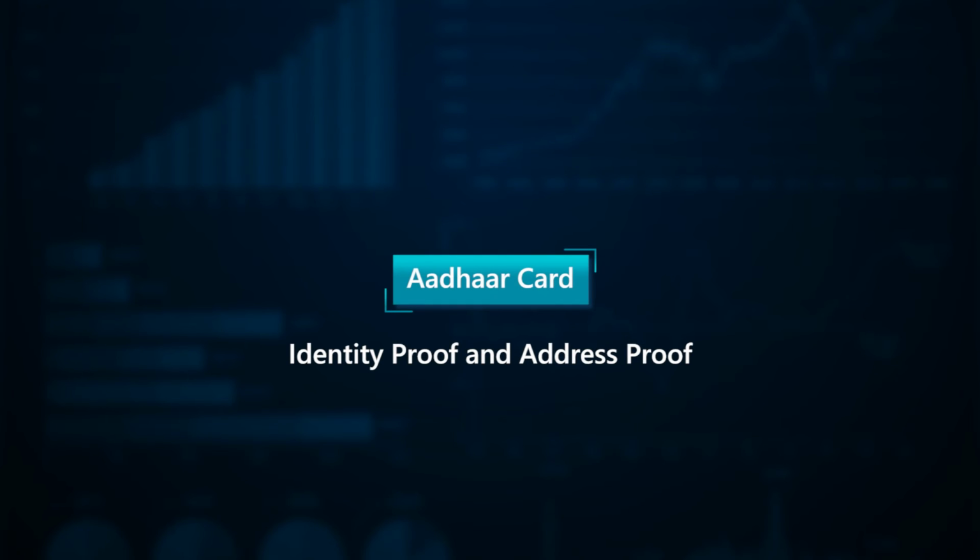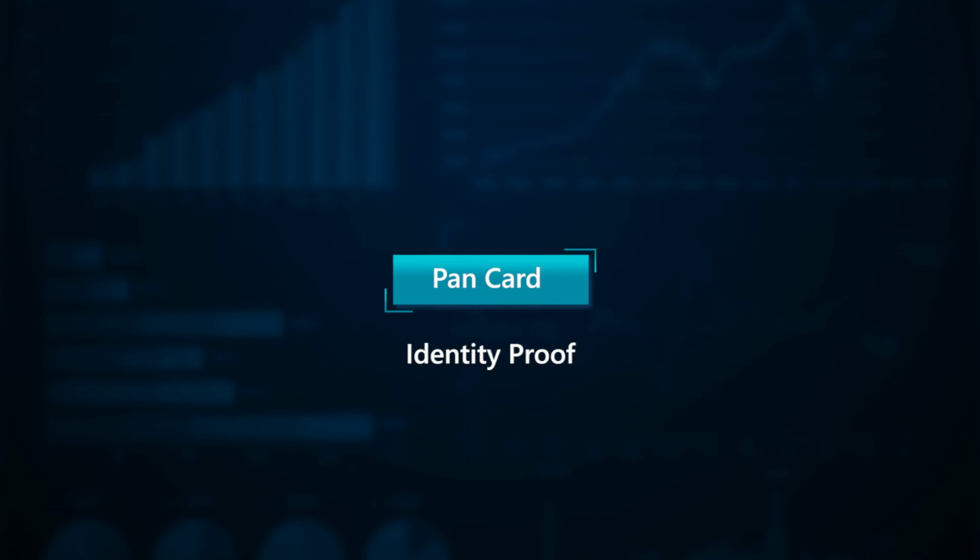In short, your Aadhaar card, your driving license, your voter identity card, and your passport are called for. While the passport acts as a proof of identity and proof of address, the PAN card can be used as a proof of identity only because the PAN card does not capture an individual's address.